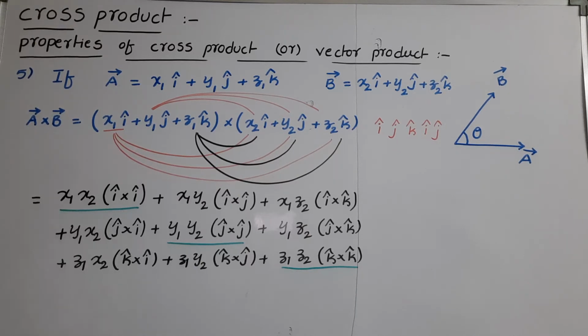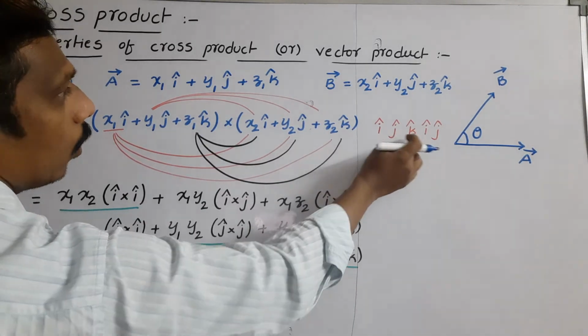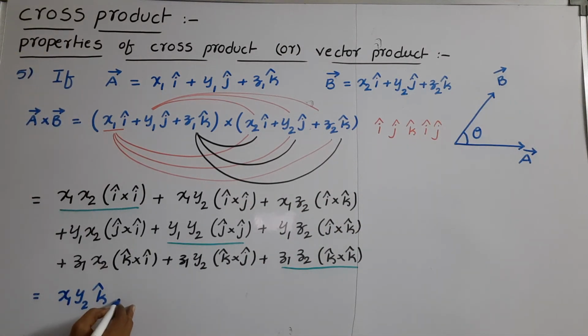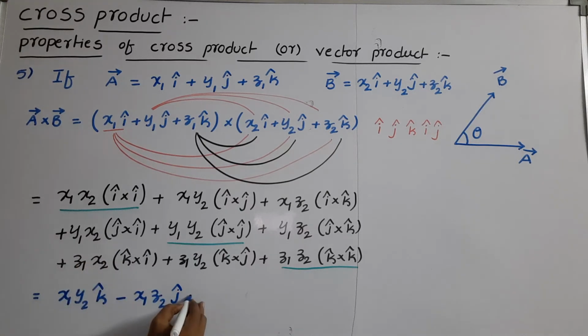So now we write the simplification. That is equal to x1 y2 i cross j, so we get x1 y2 into k cap. Here i cross k, we are getting a reverse order, so that's why we get minus j cap; minus into plus gives minus, so x1 z2 into j cap we can write. Next, j cross i is equal to minus k cap, so we get minus y1 x2 into k cap.